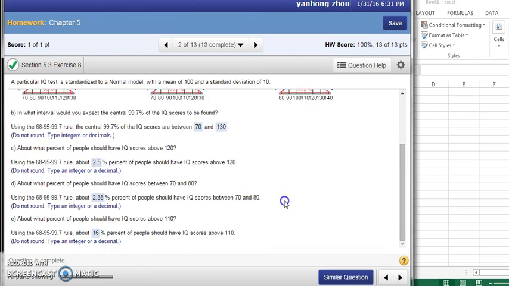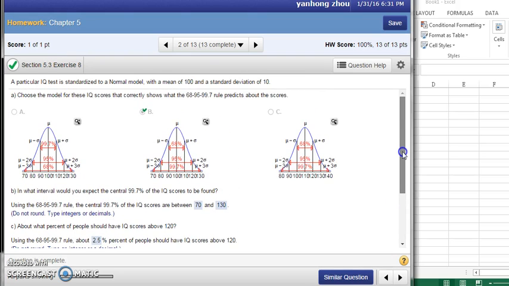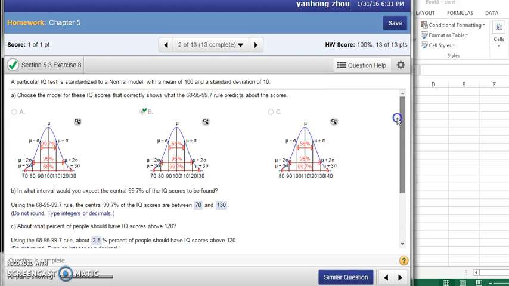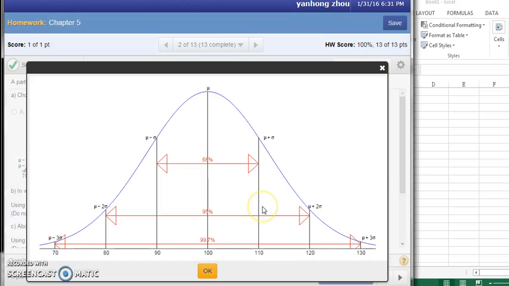So basically, the trick here is, if they tell you a number like 120, you go to this picture and you find the 120 and see how many standard deviations this number is above the mean. So you count the intervals 1, 2. This means 2 standard deviations above the mean.